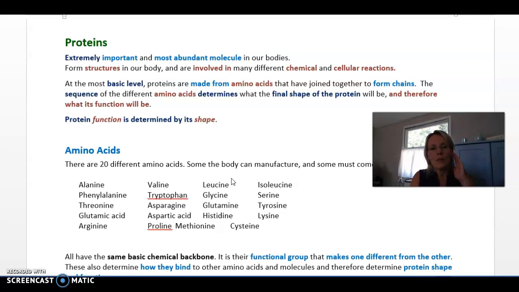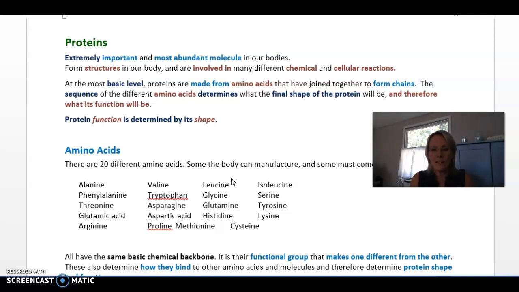But the very basic level is amino acids, right? Once a protein's amino acid chain is folded into its mature form, its functional form, we know that the shape of a particular protein determines its function.